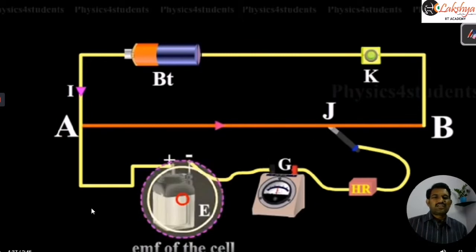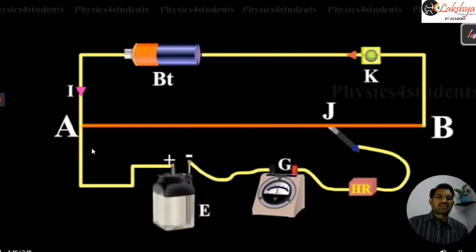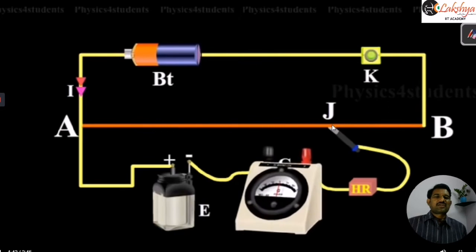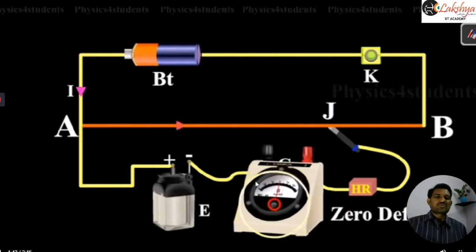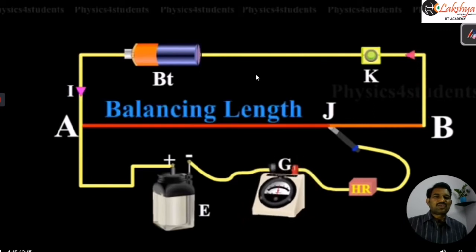Then we press the jockey at different points until it shows zero deflection. Suppose we make contact at point J so that it indicates zero reading. Then there is still current flowing in the primary circuit, but the current in the secondary circuit will be zero. There is no current flowing here, right?